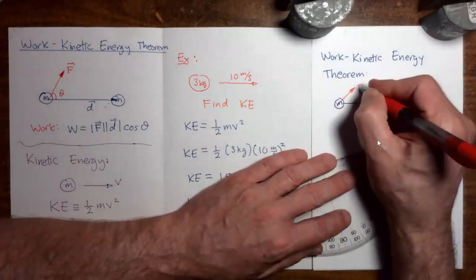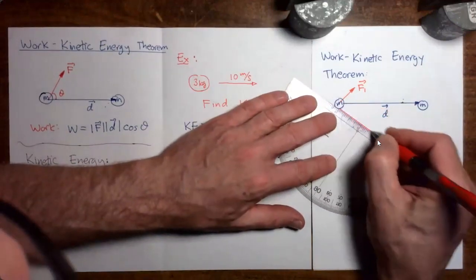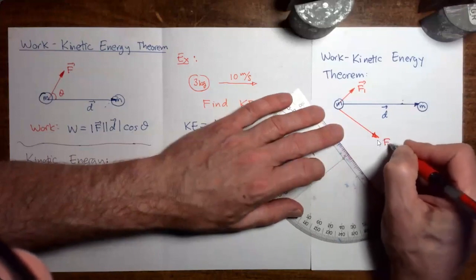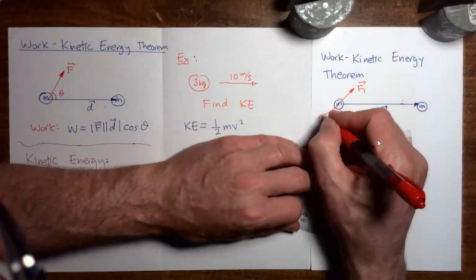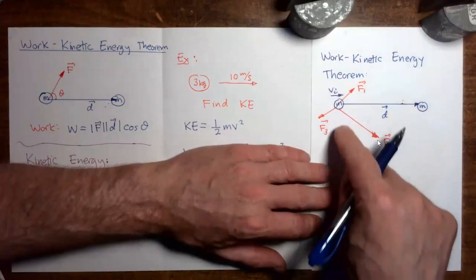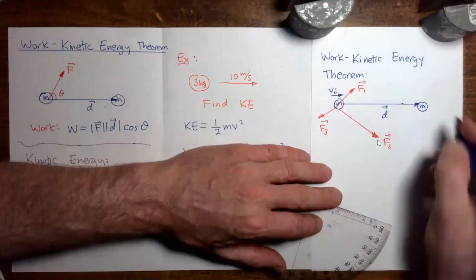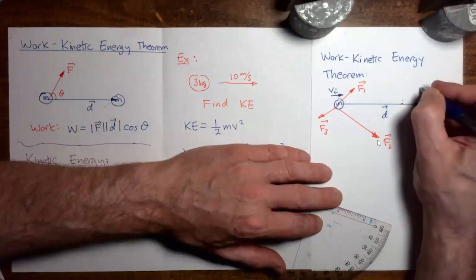Maybe that includes a force F1. Maybe that includes a force F2. Maybe a force F3. And of course, I can keep going like this. Let's also say that when the object starts over here, it has a speed v initial. And when the object gets over to here, it has a speed v final.